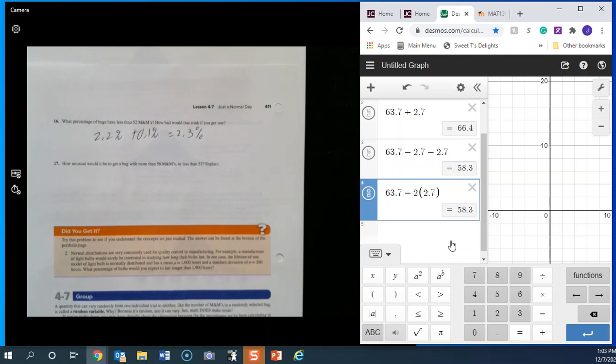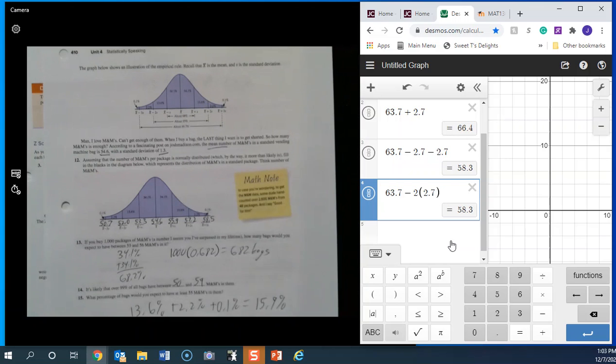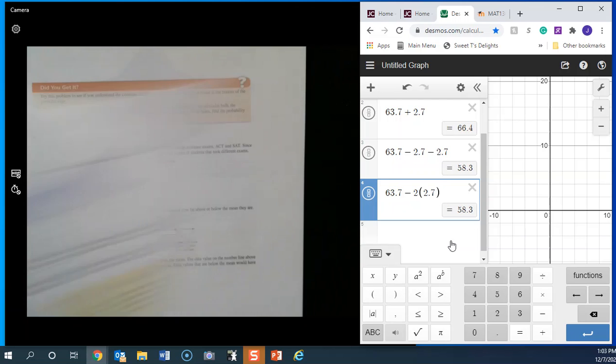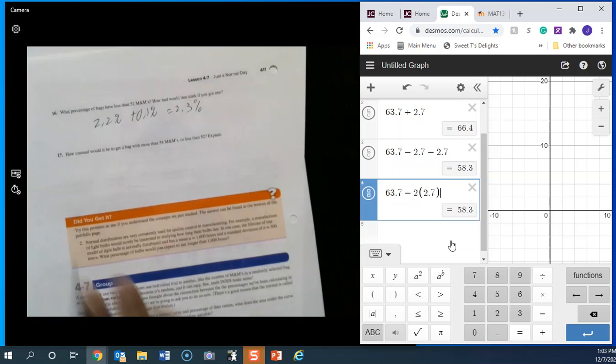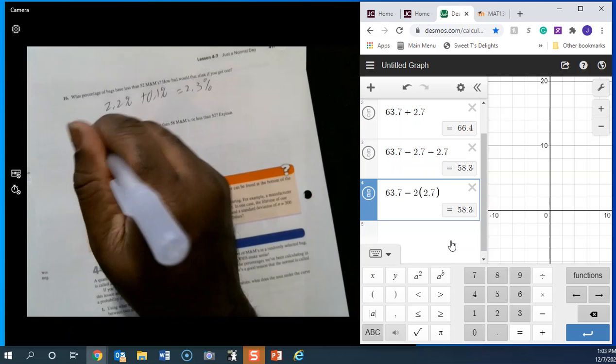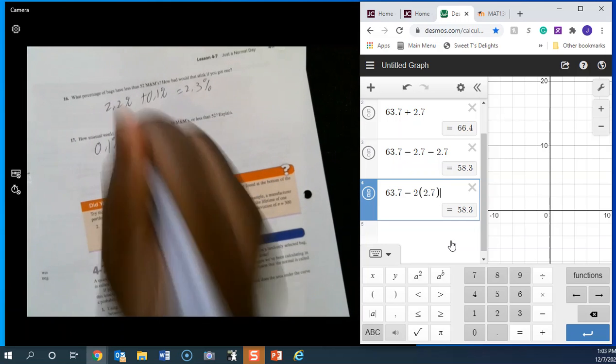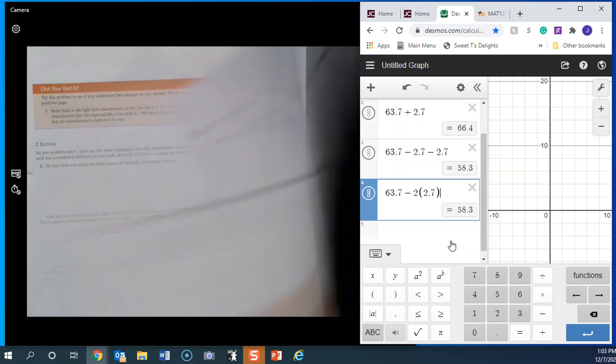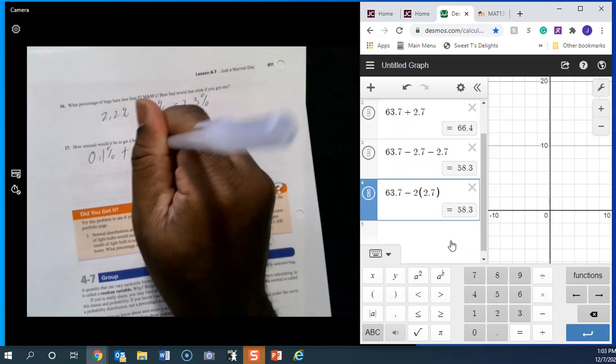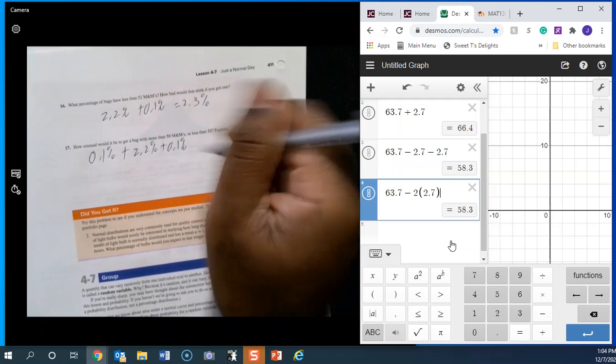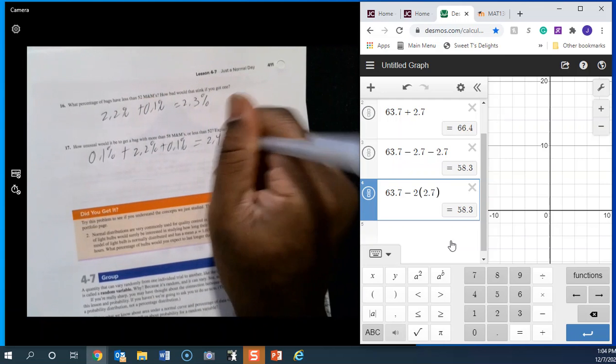How unusual would it be to get a bag with more than 58 M&Ms or less than 52? So if we go more than 58, that'll be 0.1%, or less than 52, we will have these two values here. So it'll be 0.1% plus 2.2% plus 0.1%. So it'll be about 2.4%.